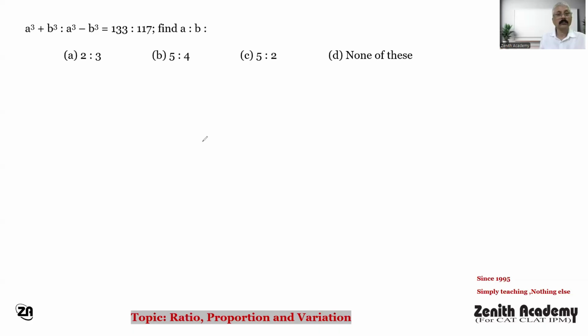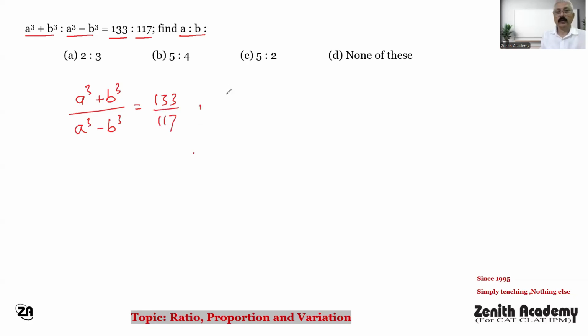Now a cube plus b cube is to a cube minus b cube is equal to 133 is to 117. Find a is to b. Look here, a cube plus b cube over a cube minus b cube is 133 over 117.